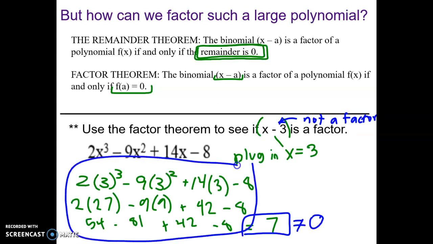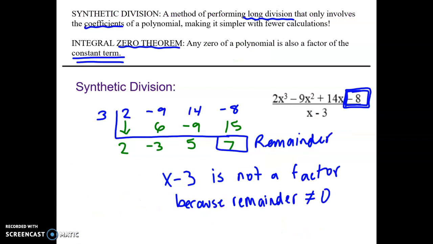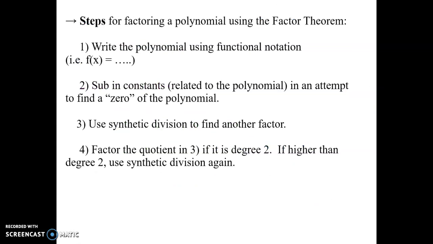You could do that to find your first factor, or you could use synthetic division to find your first factor, either or, but there's a little bit of trial and error with this step. So you're going to need to maybe try a couple different things to get a remainder of 0. Step 3, then you keep using synthetic division to find more factors. And once you get down to a degree 2, you can factor it normally. Like you can factor it using our normal grade 10 factoring methods.